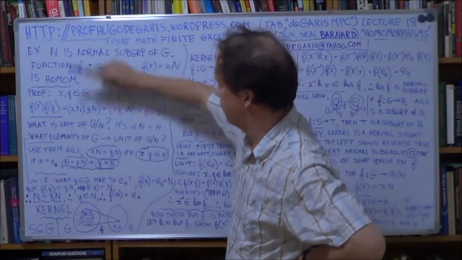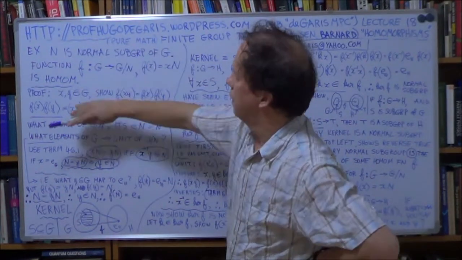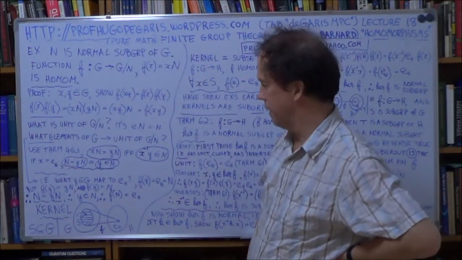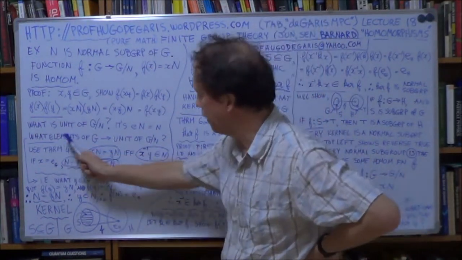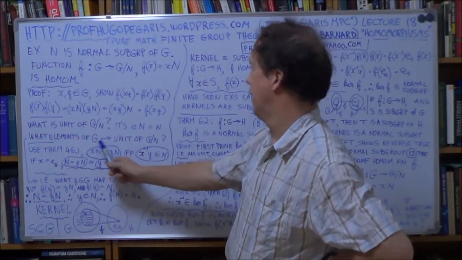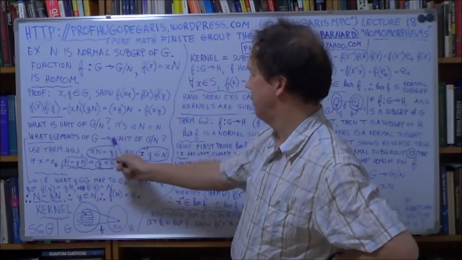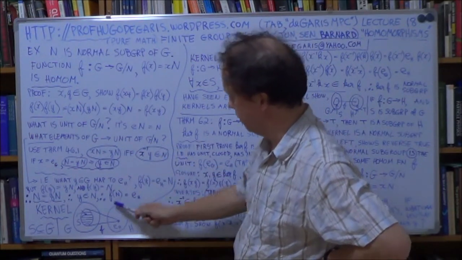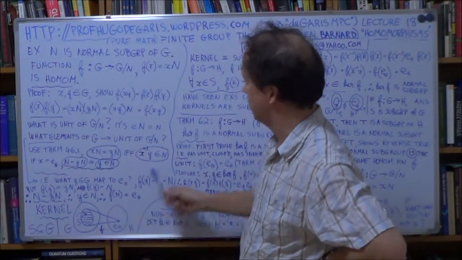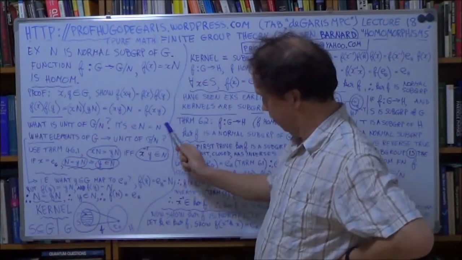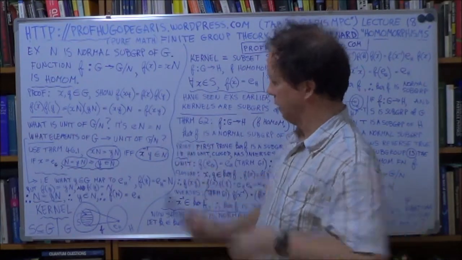So for this problem, this exercise, this example, let's ask the same question. What elements of G here map to the unit of your H? The group that you map to. In this case, it's the quotient group G slash n. All right.